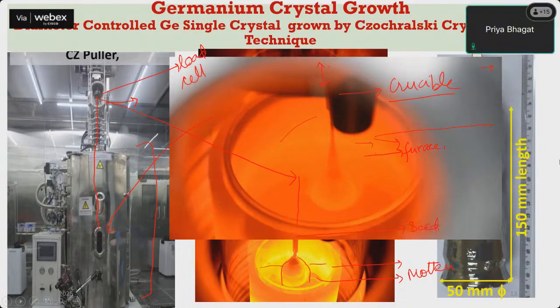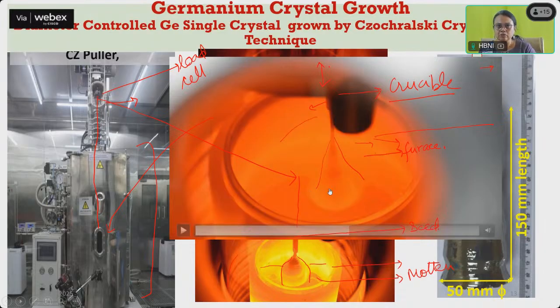Yes, ma'am. So you can see that the seed was there, it is still here, and now this shoulder has come up. Okay, this is the shoulder part. And how it goes.